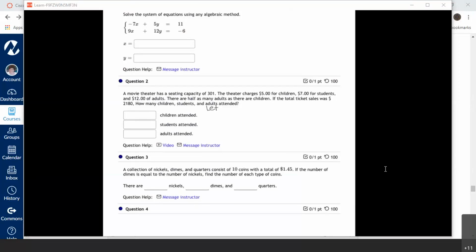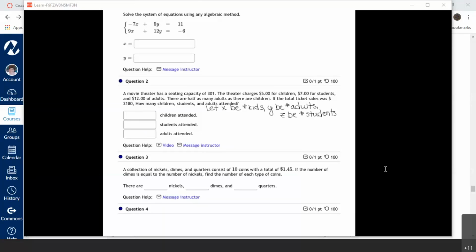Let X be the number of kids, Y be the number of adults, and Z the number of students. Which ones you pick doesn't matter as long as you keep track of them. Now I have 3 variables.